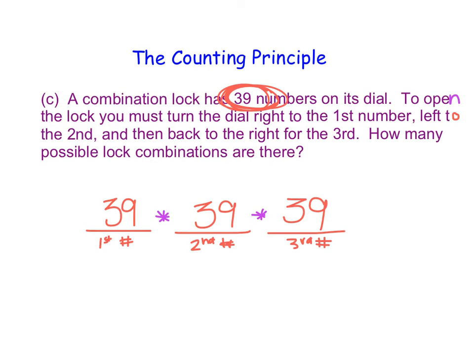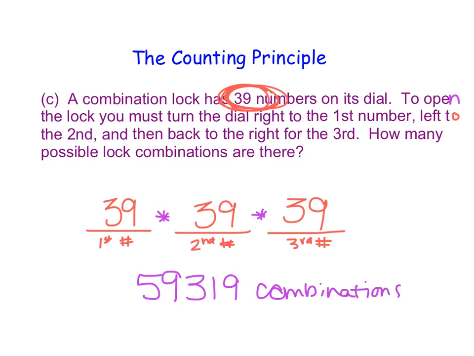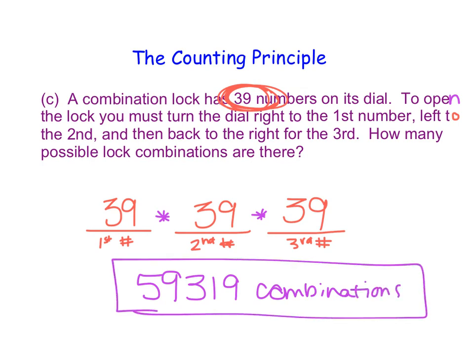So we have 39 times 39 times 39 for a total of 59,319 different combinations. So just by having 39 options for each number, we were able to create a large number of combinations for that 3 number combination lock.